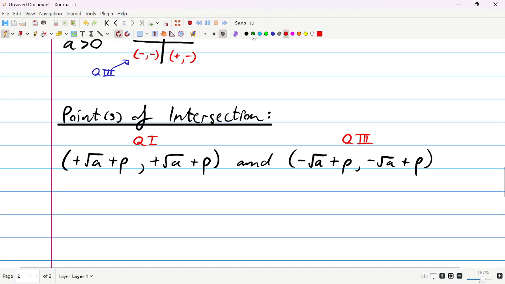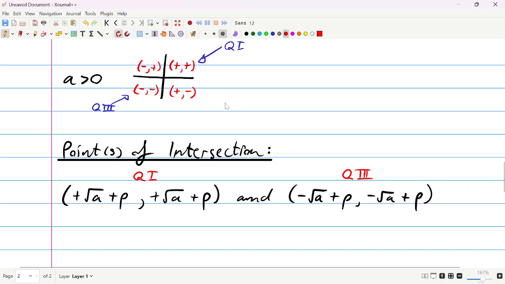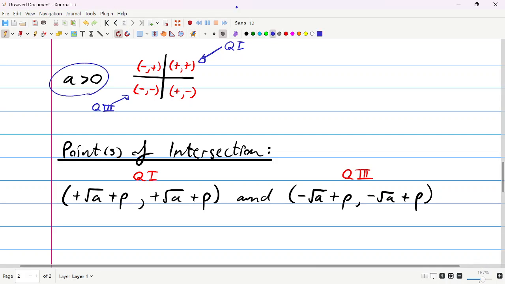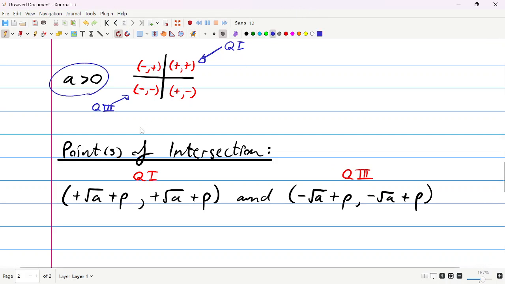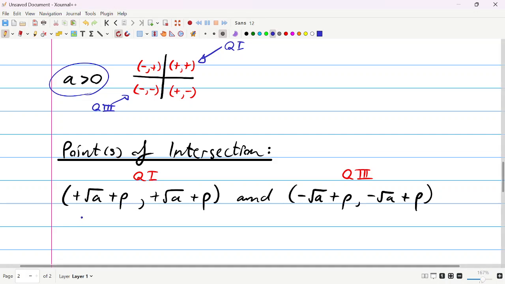The question is, because both of these are positive and both of these are negative, what if it was a case where a was less than 0? If a was less than 0, then if we were looking at quadrant 2, this sign would be negative and this sign would stay positive.